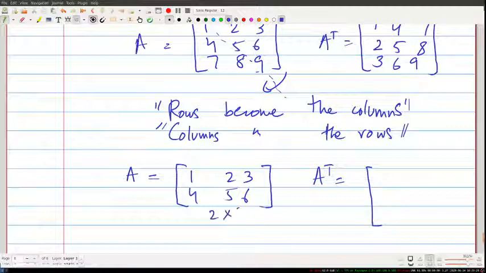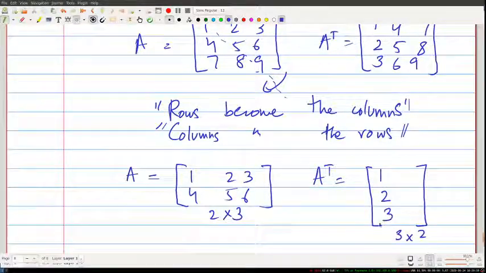This was a 2 by 3 matrix. Now it becomes a 3 by 2 matrix. The first row was 1, 2, 3, so now the first column is 1, 2, 3. The second row was 4, 5, 6, so the second column will be 4, 5, 6. Okay, so that's the transpose of a matrix.